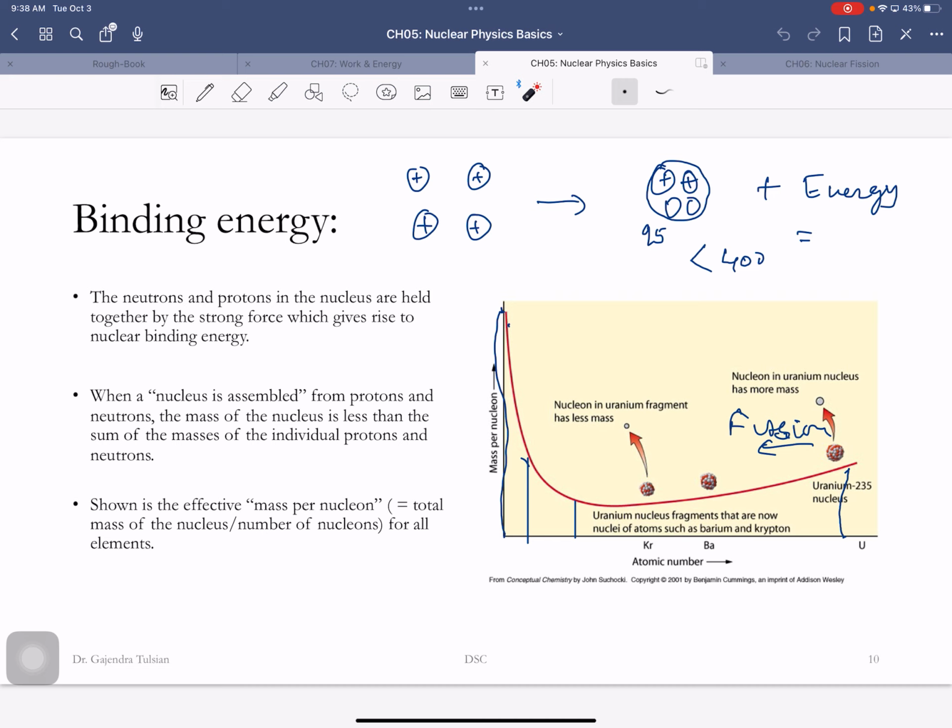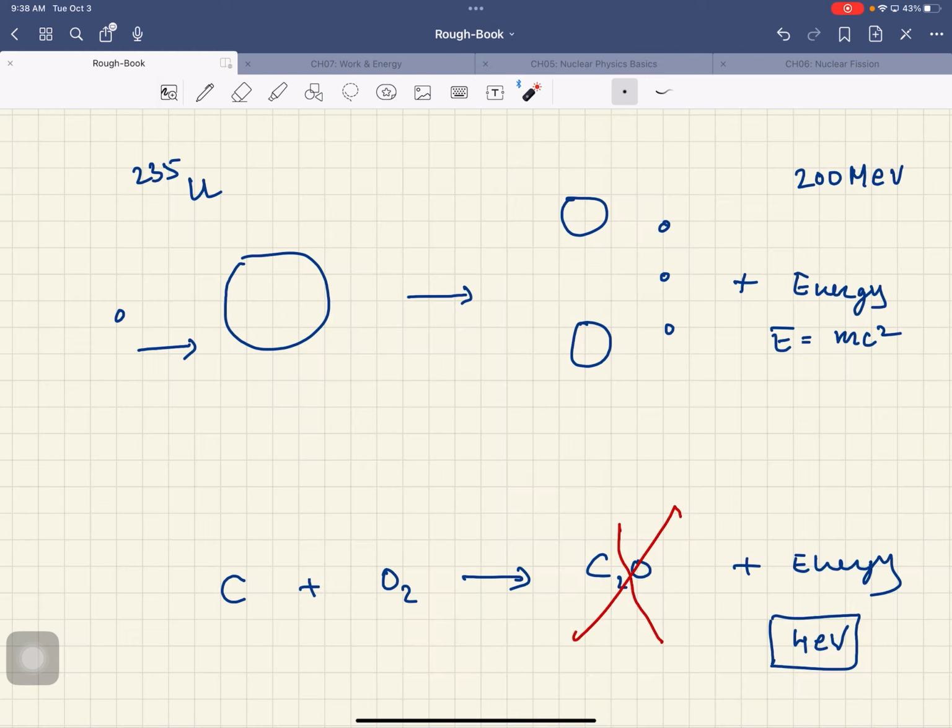Okay, so if this was 100 units, that's about 95 units. But in the smaller pieces, they weigh even less. So that missing mass is what gets converted to energy. Okay. You saw that in a nuclear reaction, a lot of energy is released, and that's why we like it. All right. So you guys understand basically where the energy comes from. Okay.